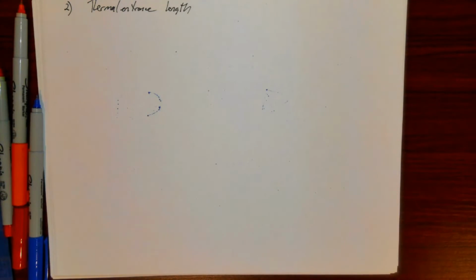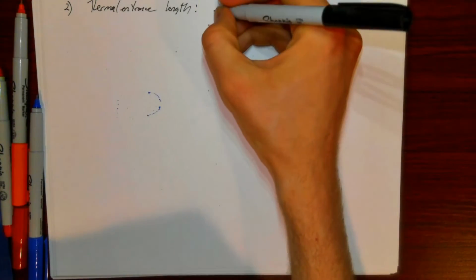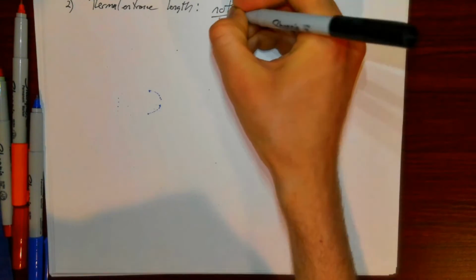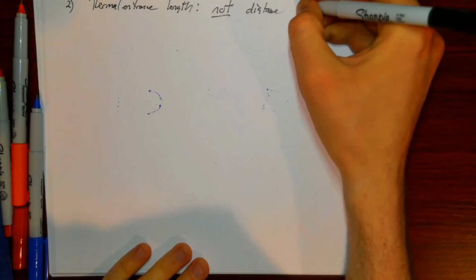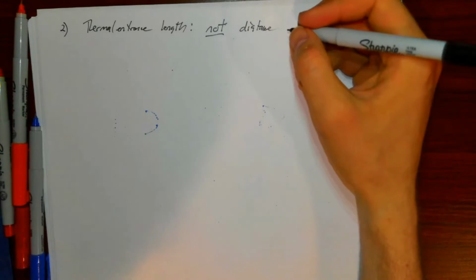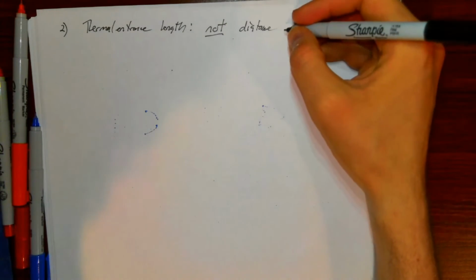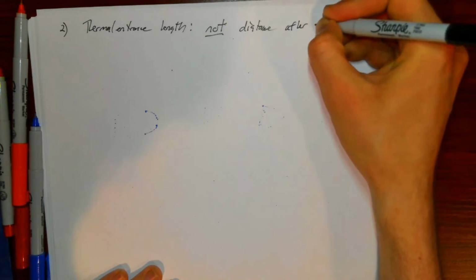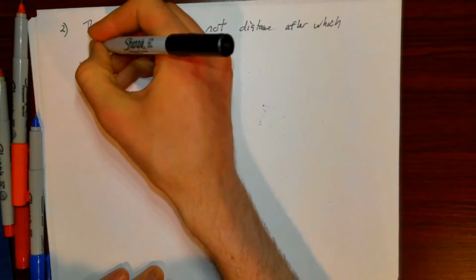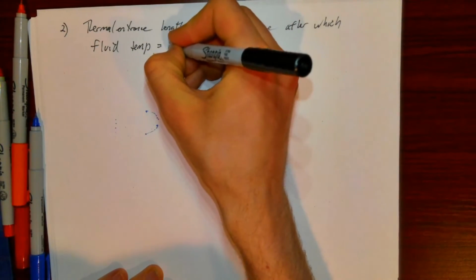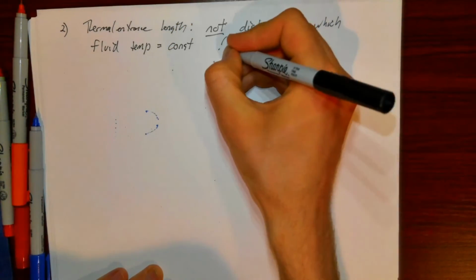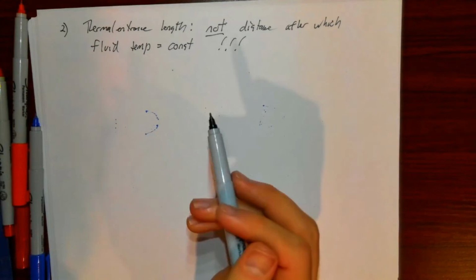So thermal entrance length. First I'll tell you what it isn't, and then I'll tell you what it is. It's not a distance after which temperature becomes constant, and I can't put enough exclamation points after this, right?